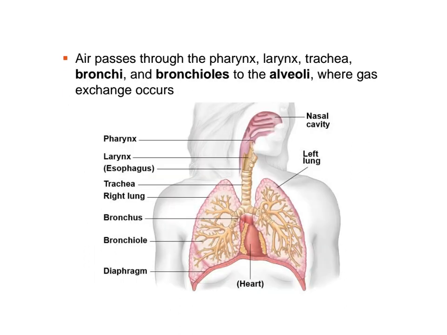Okay, when we're breathing, air passes through the pharynx, then through the larynx, also known as the voice box, which contains the vocal cords. It then moves on to the trachea. Notice the larynx has these rings of cartilage. If you feel your neck, you can feel the larynx and those rings of cartilage. This idea of rings continues down the trachea.